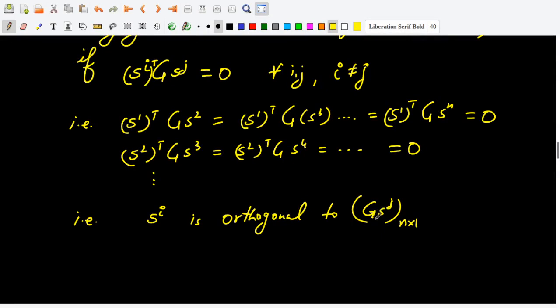And recollect that G is the Hessian of the quadratic. So we are essentially trying to look at directions which are orthogonal to each other under the influence of the Hessian of the objective.